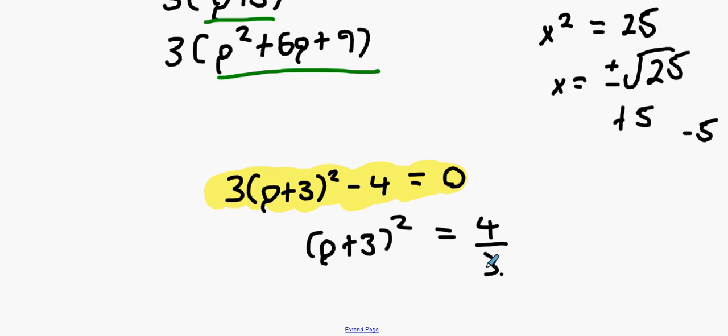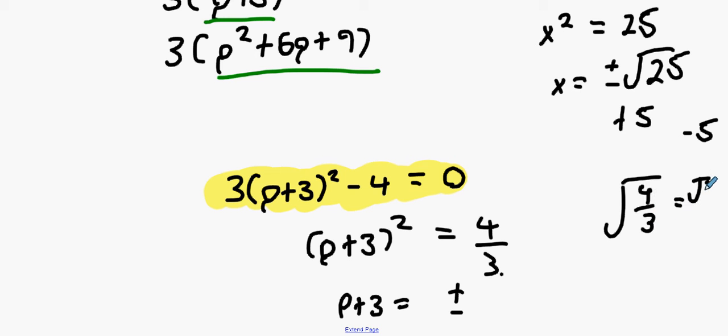So what do I need to do here when I square root both sides? Plus or minus the square root of 4 over 3. What's root 4 over root 3? Would everybody be happy with 2 over root 3?